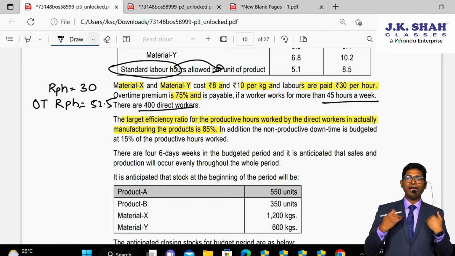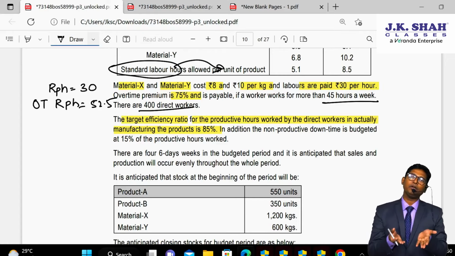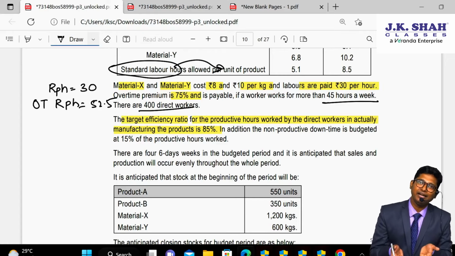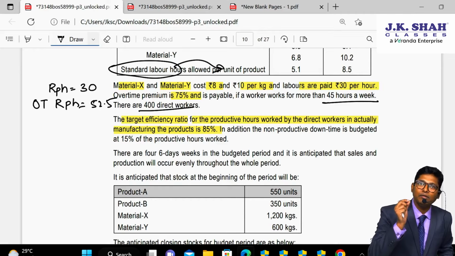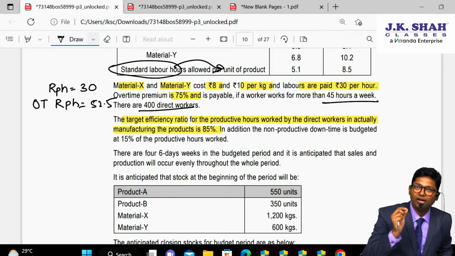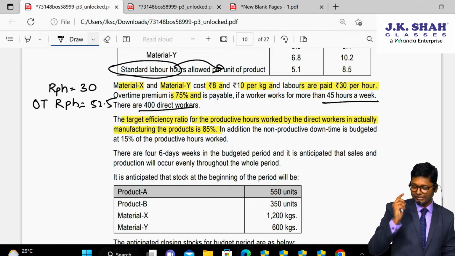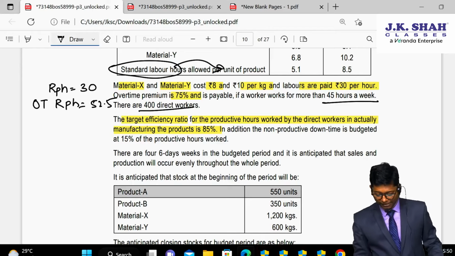Which means if I am giving you 1 hour to complete the production, if your efficiency is less than 100%, obviously you will be completing the given task not in 1 hour, certain extra minutes you will be taking, and this is the meaning of this efficiency ratio, which is 85%.